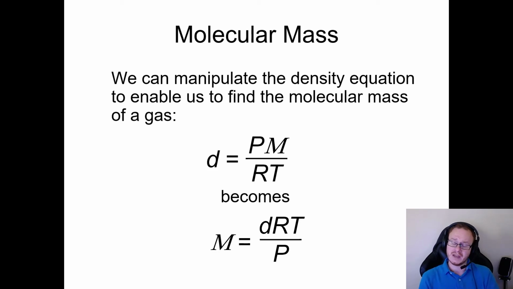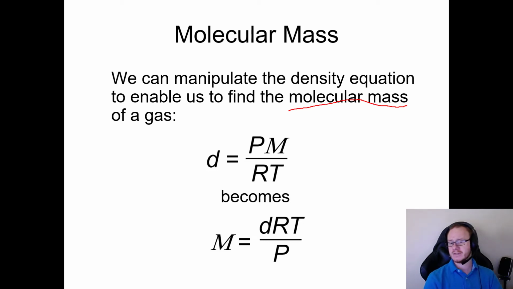We can take that density equation and rearrange it to find the molar mass. If I know the density of the gas, which is not too hard, it's mass divided by volume, and I know the R value, the temperature and the pressure, I can find the molar mass of a gas, which means I can identify what that gas is. That's why this formula is more important.